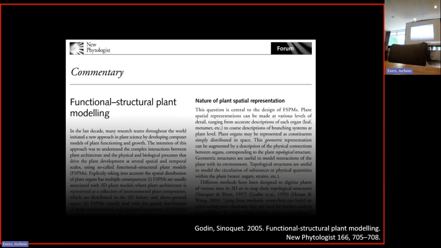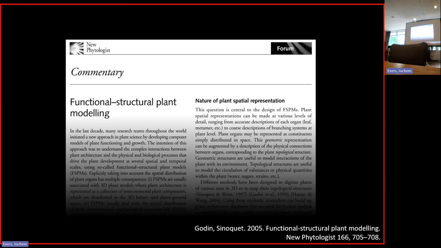Now, I won't go into the details of this one. I just want to go to the point where we are basically now. In 2005, the foundation was laid for what we call right now functional structural plant modeling. So these are still the types of models that we use today.